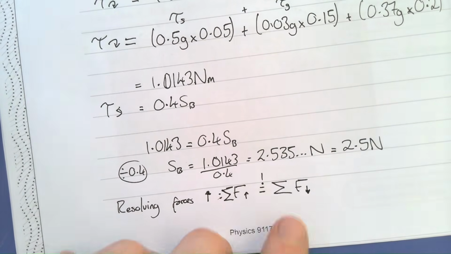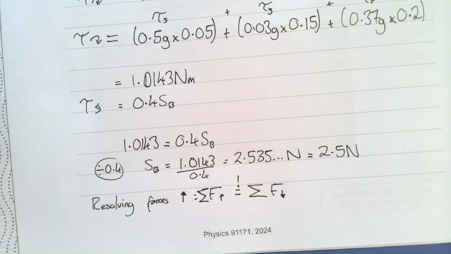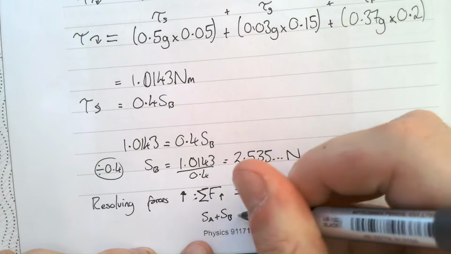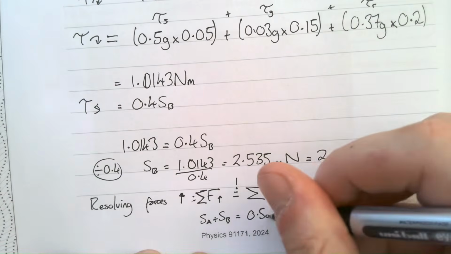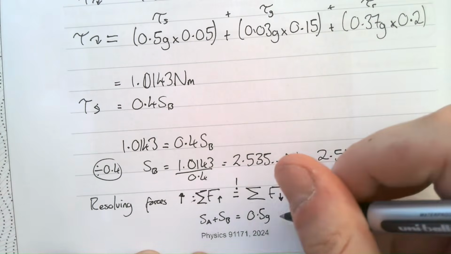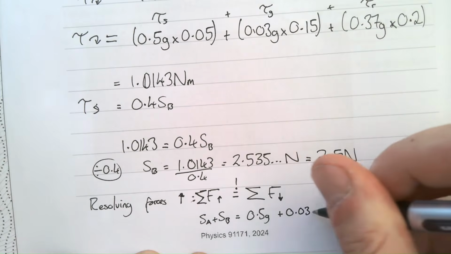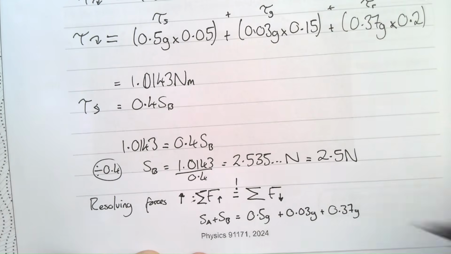You don't need to use the sigma notation, it's just quicker than writing all of them or total. So SA plus SB must be equal to all of these weights added together. 0.5 G, I do not need to multiply by distance now, added to 0.03 G plus 0.37 G.